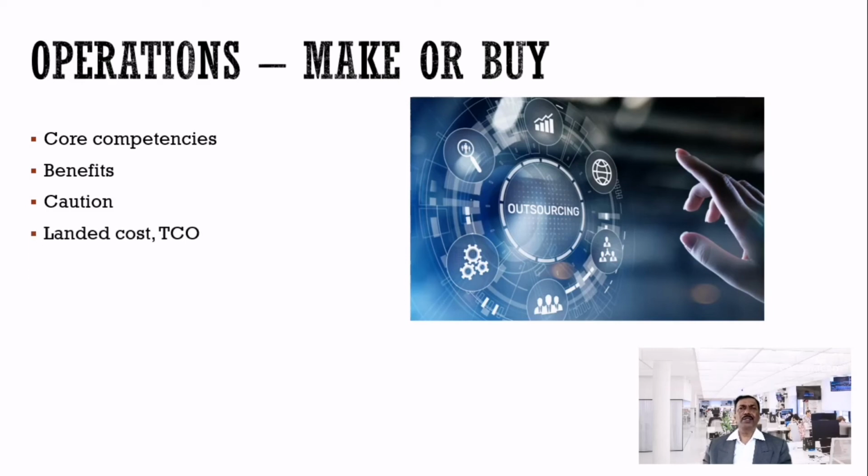In any purchasing decision, something called landed cost or TCO is used. TCO means total cost of ownership. In procurement, the purchase price is something different, but landed cost is the cost of delivery to your premises.